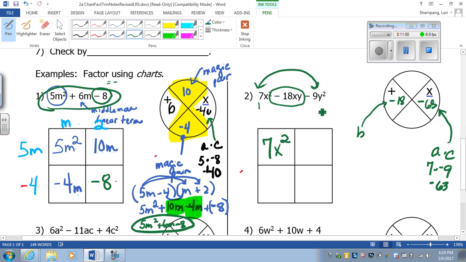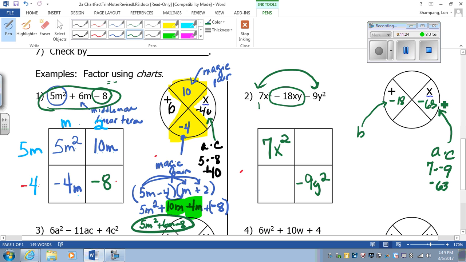Now let's go back to the circle diagram and try to work on that. Well, we need two numbers that multiply to negative 63 and add to negative 18. That might be a little tricky, but let's see if we can figure it out. So we have negative 63. Let's start off with the biggest numbers.